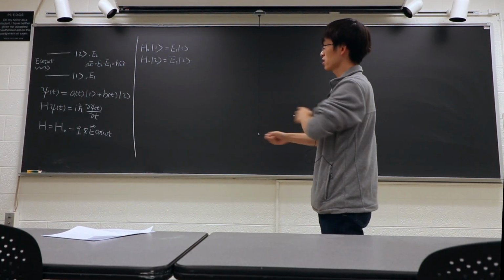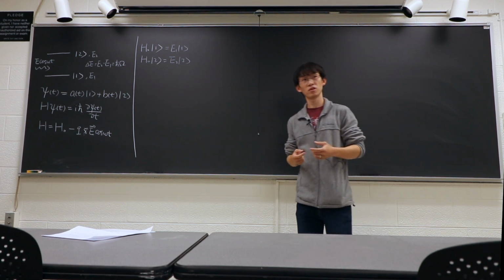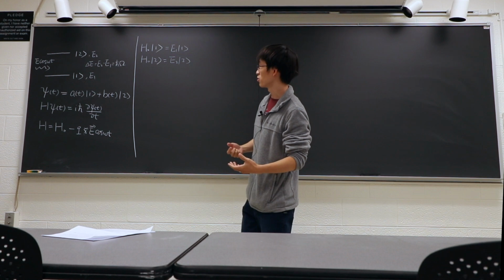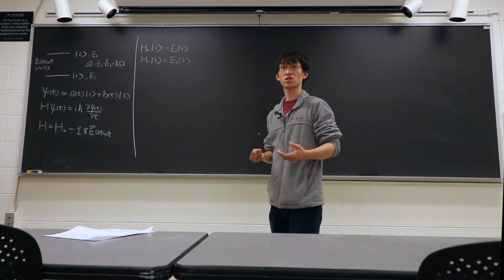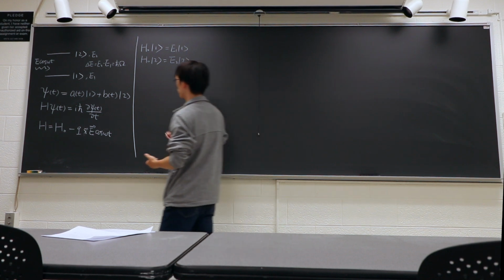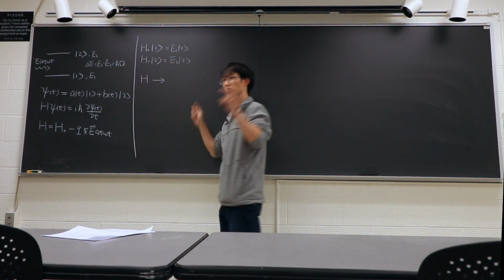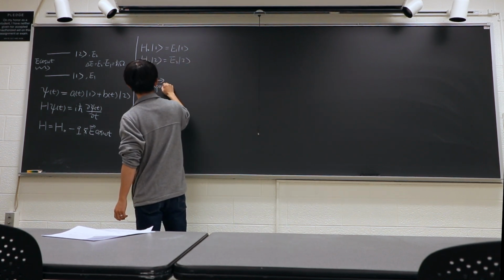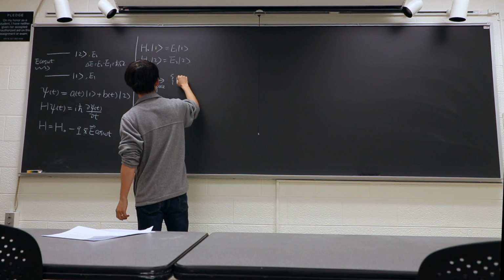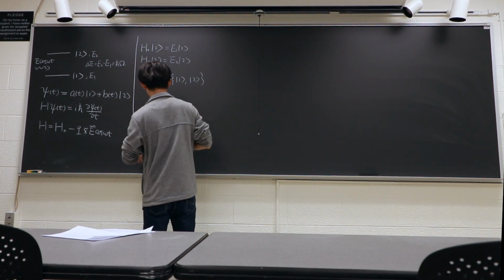Now, the next thing we want to do is a little bit tricky if you look at it for the first time. But this is something really, really common in quantum mechanics, what we call a projection. Okay? We want to project H into a space created by the set 1 and 2. Oh, yeah, sorry.